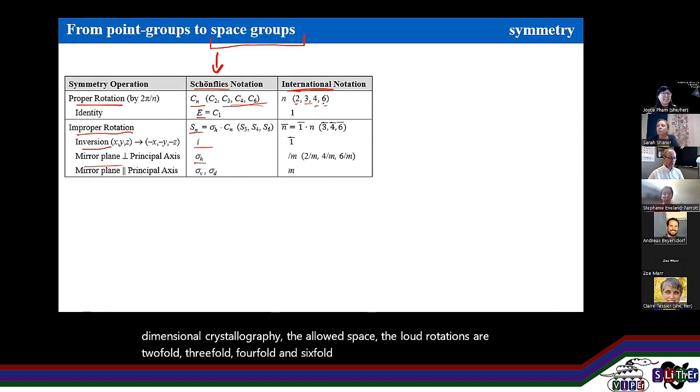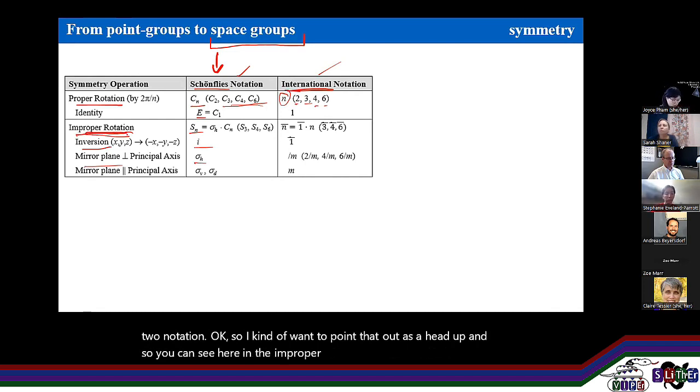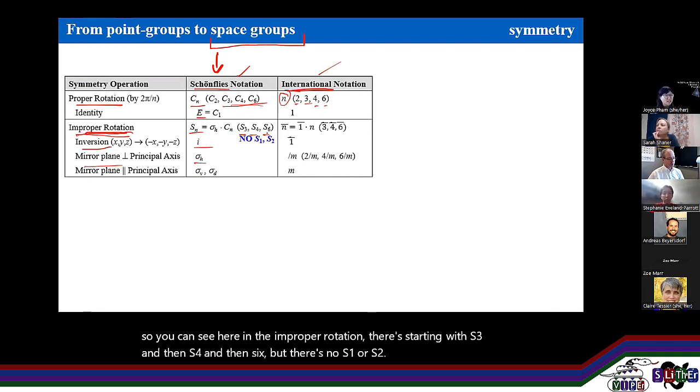So instead of Cn, all we need is an n now. And so there are some differences, though, between these 2 notations, okay? So I kind of want to point that out as a heads up. And so you can see it in the improper rotation, it's starting with S3, and then S4, and then S6, but there's no S1 or S2. Does anyone know what S1 is?